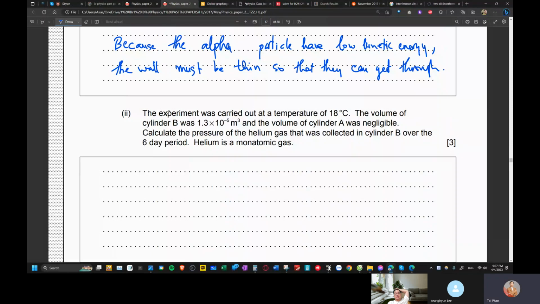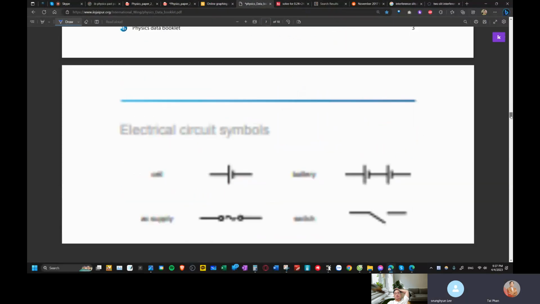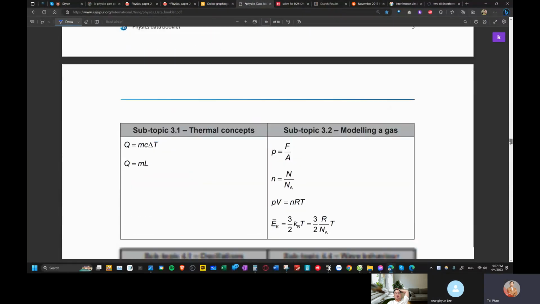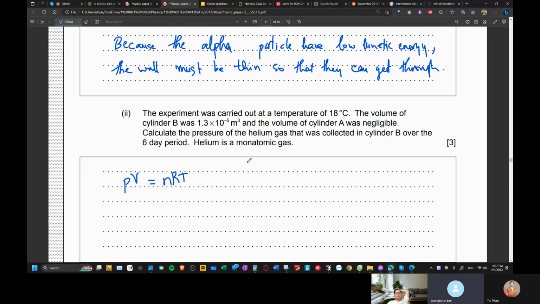We just need to use the ideal gas formula, PV equals nRT. It is in topic 3. I don't know the order, but definitely it is given here. Calculate the pressure, meaning P. P is nRT over V. The number of moles is 6.2 times 10 to the negative 4.